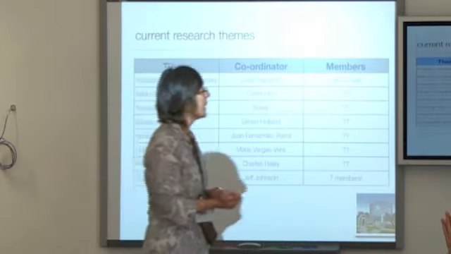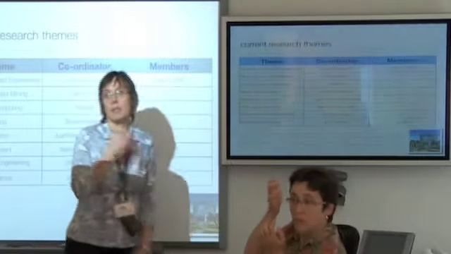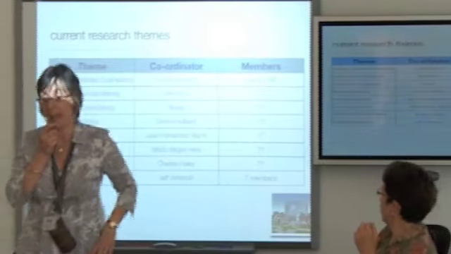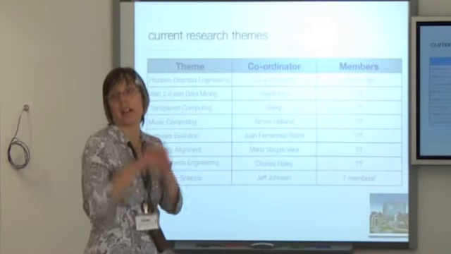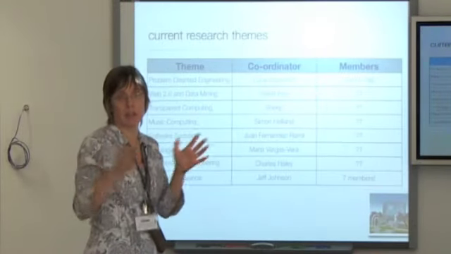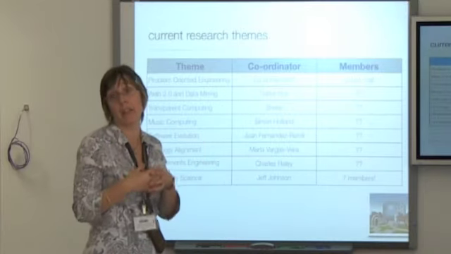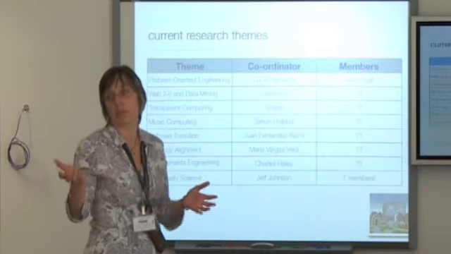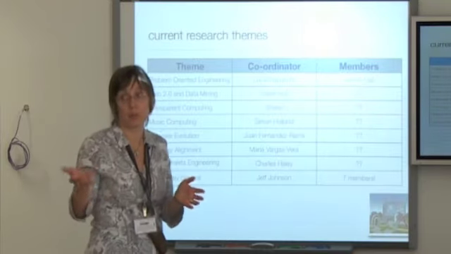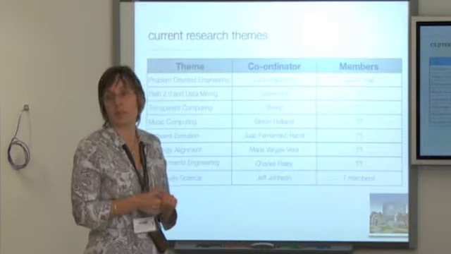Okay? The interesting thing in this list is that we have a new entry from Jeff Johnson from design. This is because the original vision for this MPhil was to have something very generic, an infrastructure in which people can just plug in their own research interests, whether within computing, across the faculty, or in the university. And this is a sort of proof of concept.